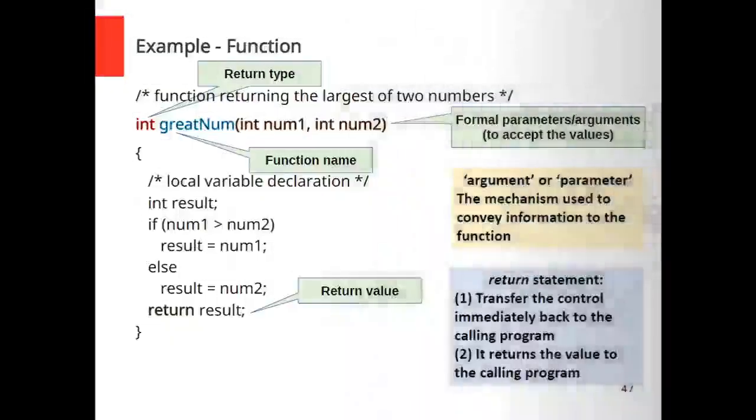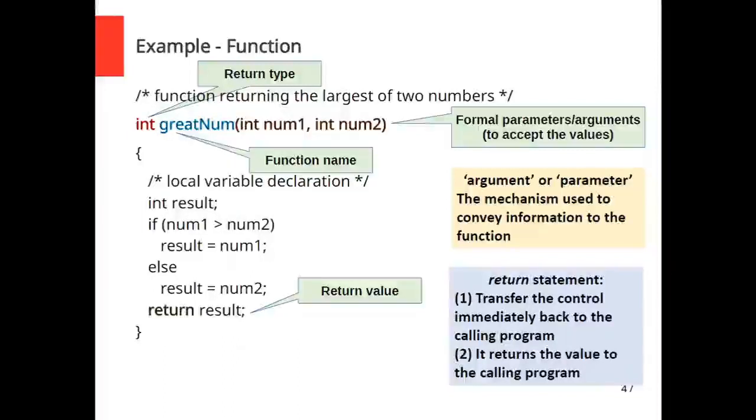So let's see an example for a function. What you are seeing is a function to find the largest of two numbers. The function name is greatNum, and the return type of the function is int.